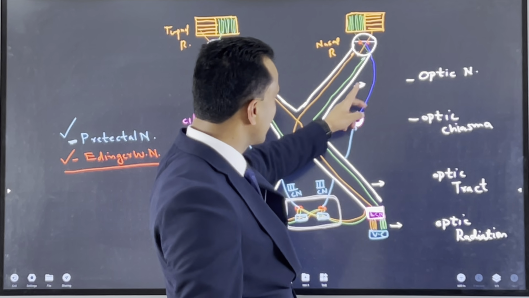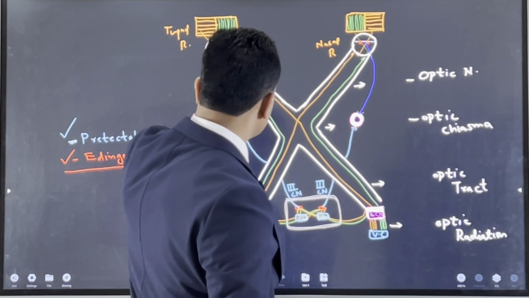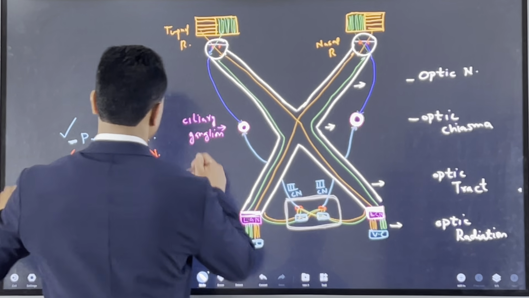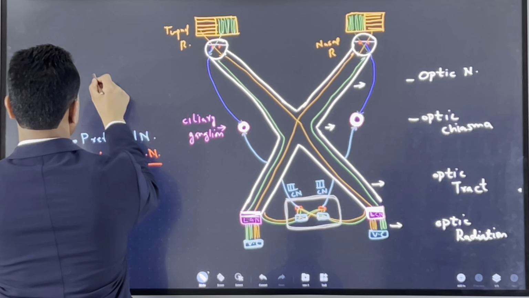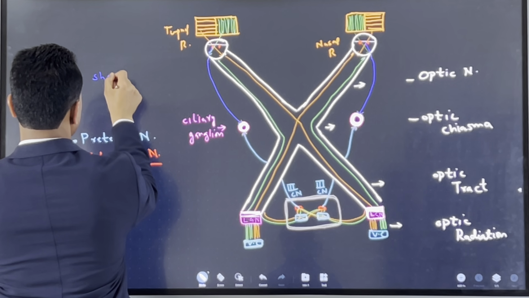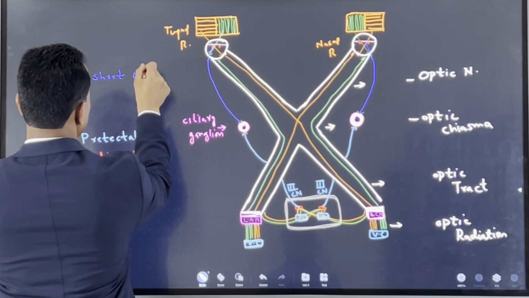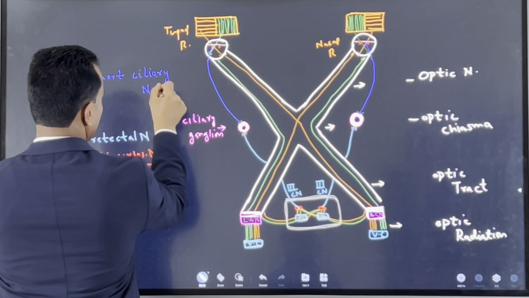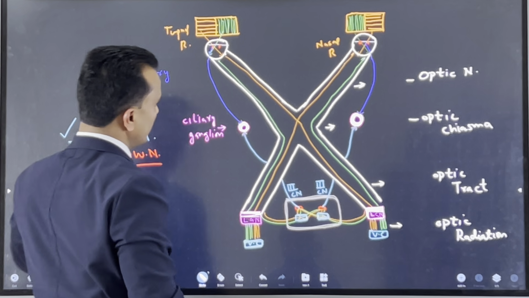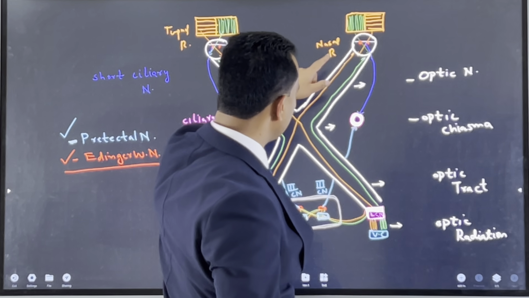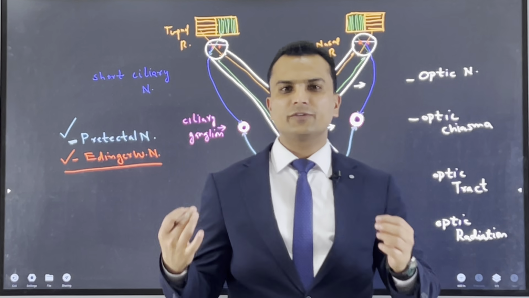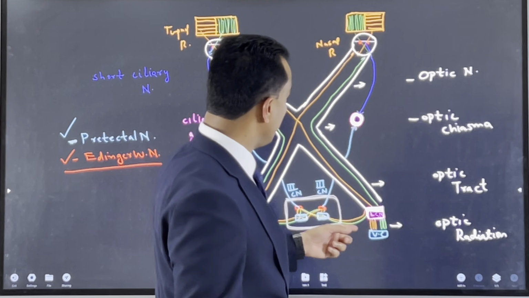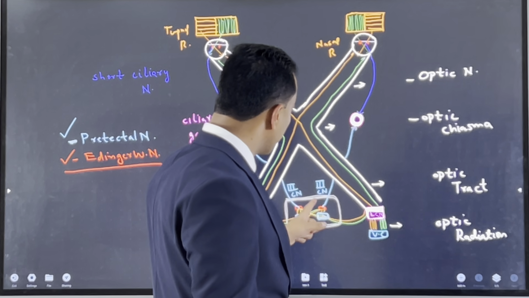From the ciliary ganglion, fibers of this short ciliary nerve are going to innervate the sphincter pupillae muscle, and the sphincter pupillae muscle is the muscle which helps in constriction of the pupil. So this is the entire pathway for the pupillary light reflex.